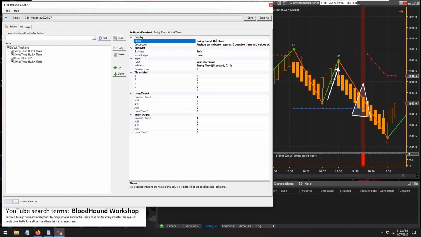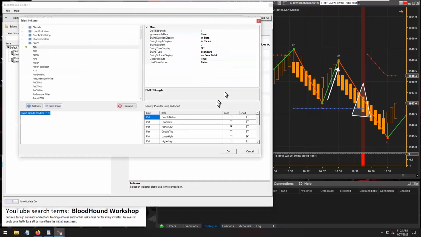And what I want is the swing direction, which is what these zigzag lines are. I want to know what direction these zigzag lines are pointing. So let's open up the swing trend indicator and figure out which of these plots or outputs we want.